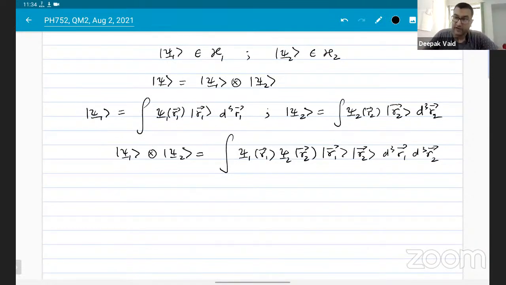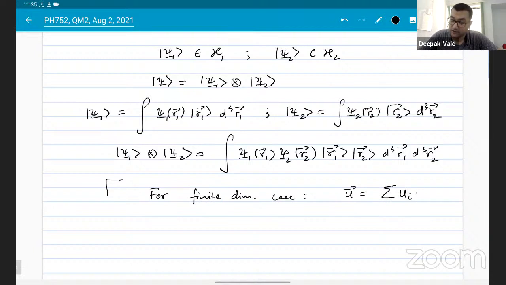Again, if it helps, you can always think back to finite dimensional vectors, right? So if you have two vectors u and v, for the finite dimensional case, how would you write down a vector u? You would have the components of the vector times some basis state.